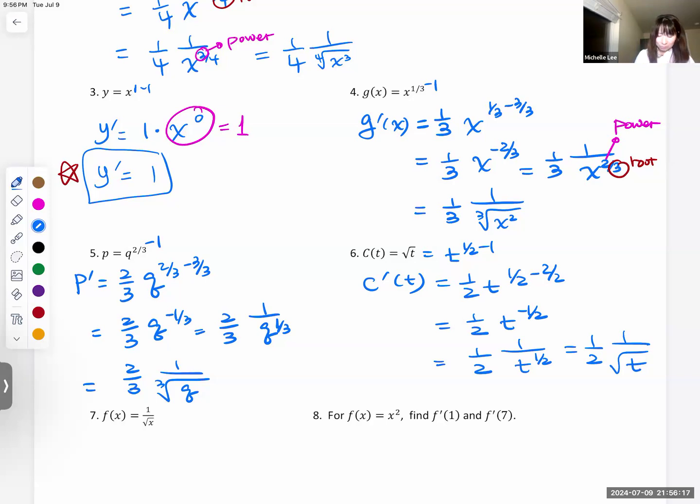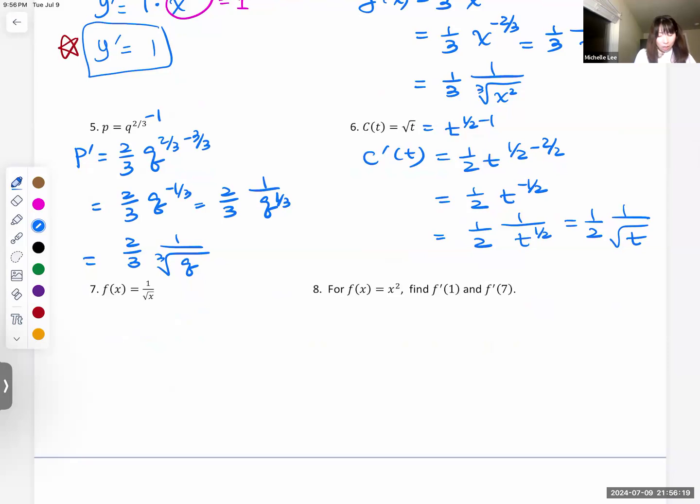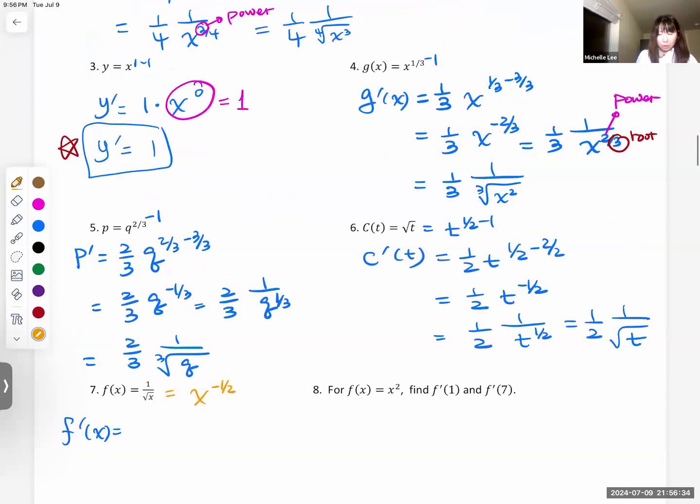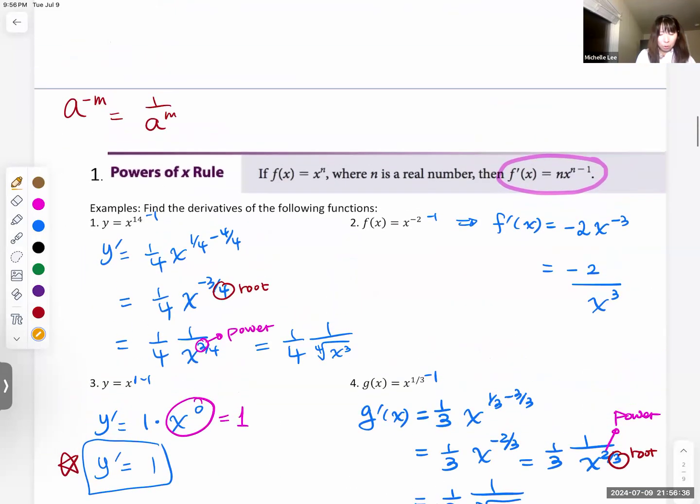Okay, now f prime of x. There is no power, so we can express this one as x to the -1/2, right? So maybe I'm gonna make a note here. If we have a to the -m, then we put it down here, right? I explained to you why last time.